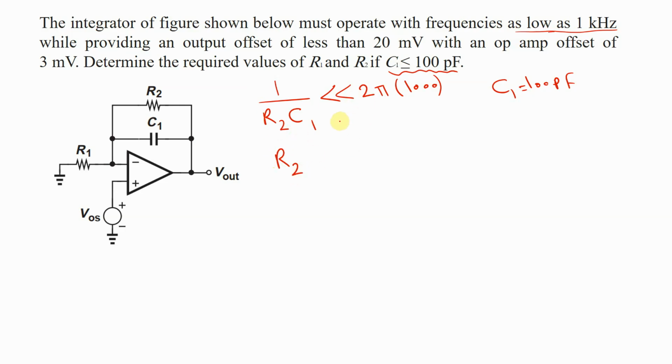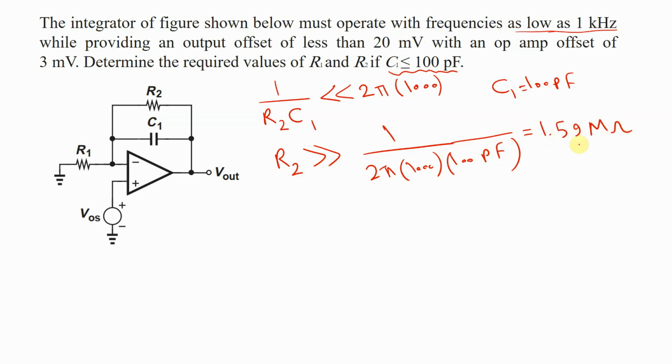By really simple calculations, R2 must be much higher than 1 divided by 2 pi times 1000 times C1, which is 100 picofarad. So this is the minimum value for R2, and by using my calculator I can calculate it: 1.59 mega ohm for R2.